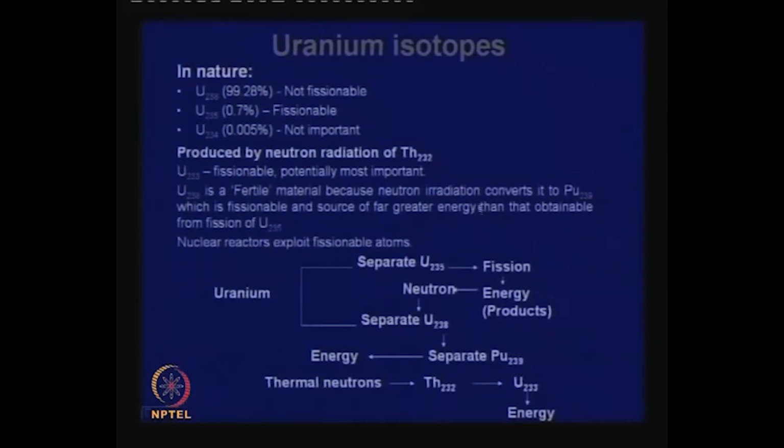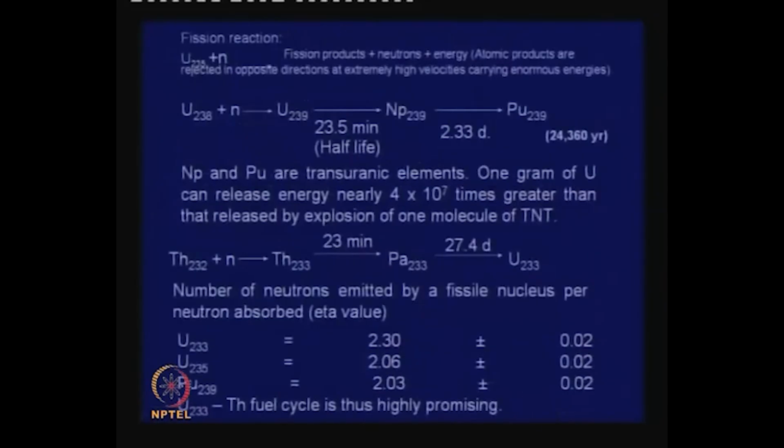Because per neutron absorbed, uranium-233 produces more neutrons as compared to the fission of plutonium or uranium-235. This is called the eta value, the number of neutrons emitted by a fissile nucleus per neutron absorbed. For U-233 it is 2.3, for U-235 it is 2.06, and for plutonium-239 it is 2.06.